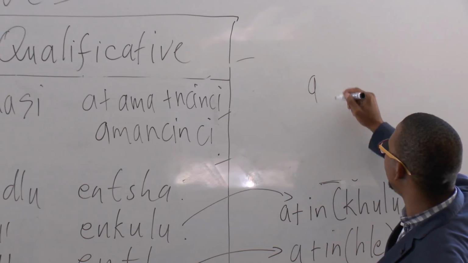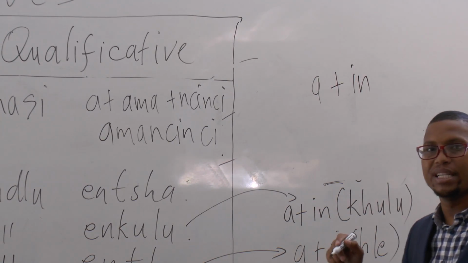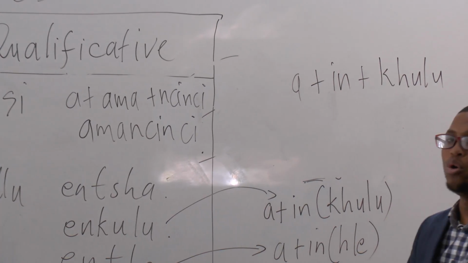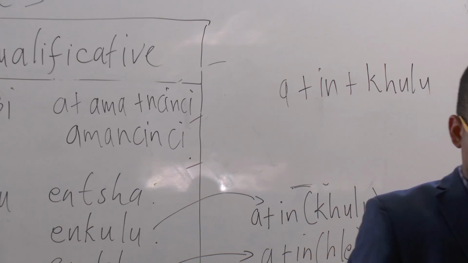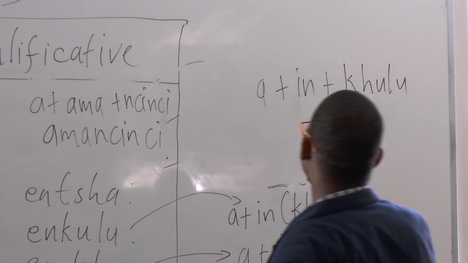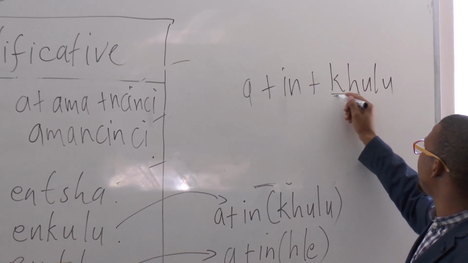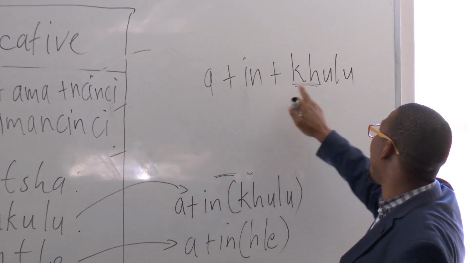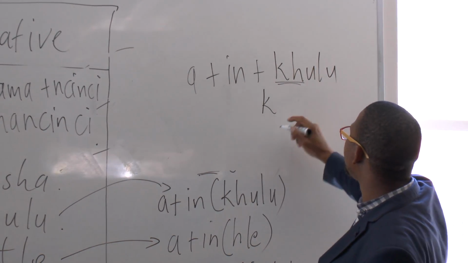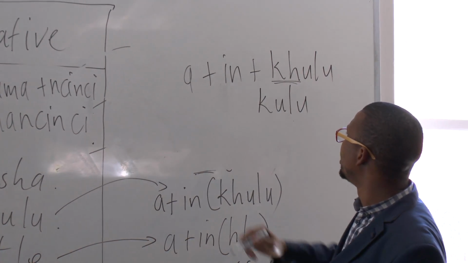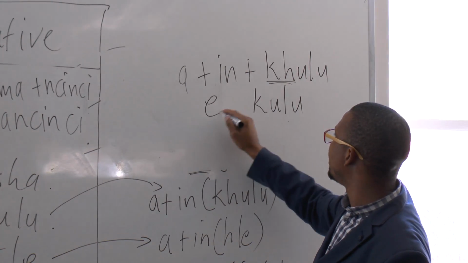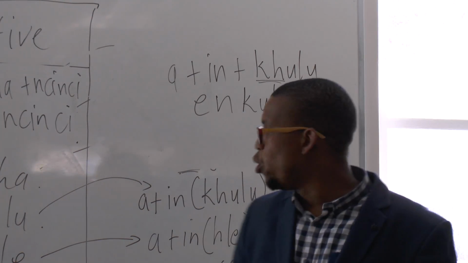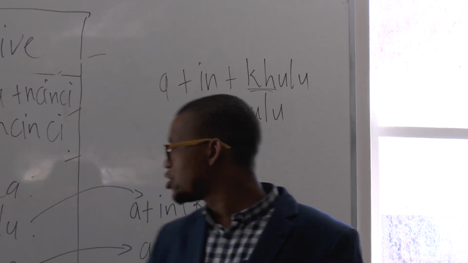Then it's affirmative A plus in, which is the prefix of class 9, plus khulu. As you've seen on page 23 and page 24, when the nasal comes in front of KH, remember that there are changes that take place. When the nasal N comes in front of KH, then we drop the H, and then we're left with kulu. Then A plus I is E, and then our N goes down. And then we get indlu enkulu. The next one.